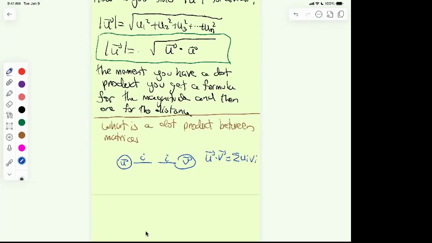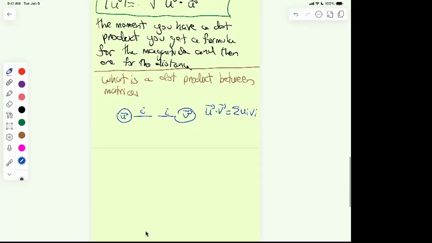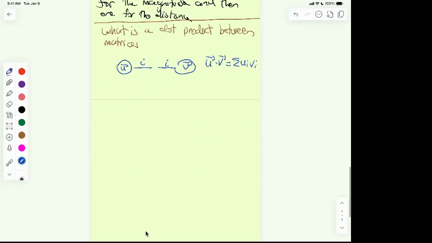And if you think of two matrices of the same size, let's say you have a matrix A. They don't have to be square matrices, by the way, but they do have to have the same size. So I'll specify that you have two matrices A and B, which are n by n matrices.